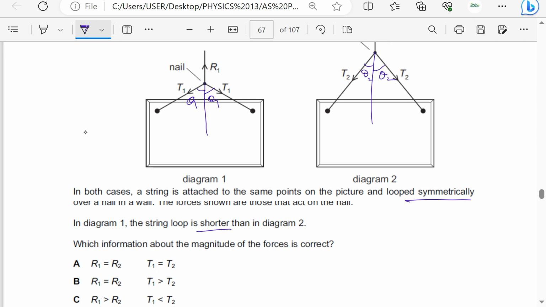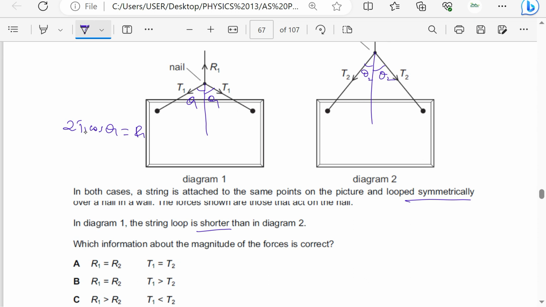Okay. First of all, let's try to find a relationship between the tensions and R. If we resolve this downwards, for T1 we shall have T1 cos theta 1 and T1 cos theta 1, so we have that twice. 2 T1 cos theta 1 should be equal to R1 on the left-hand side.